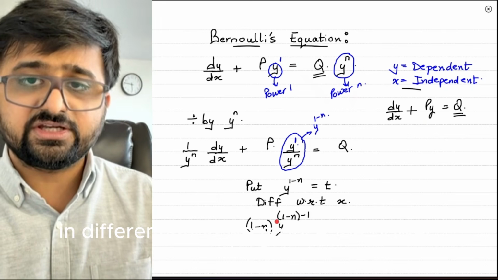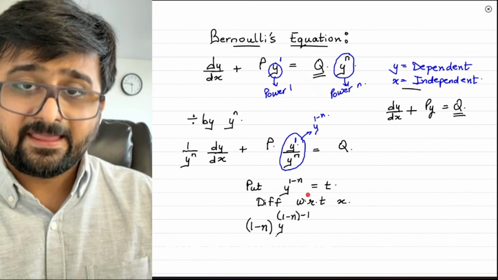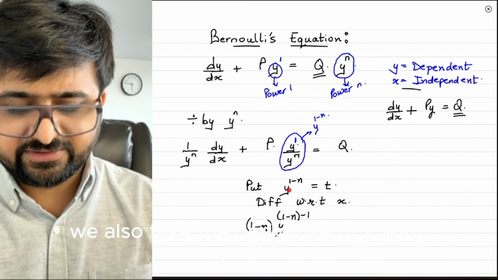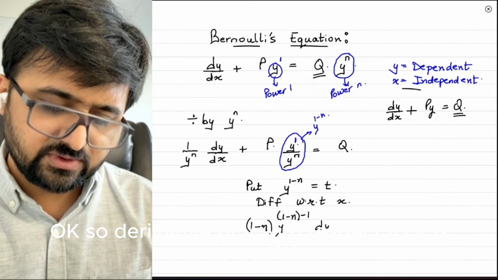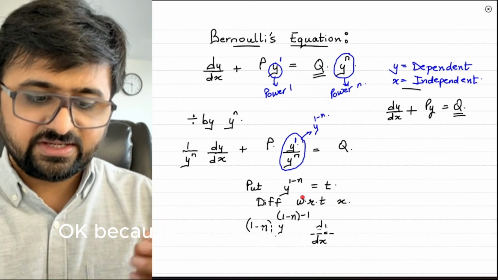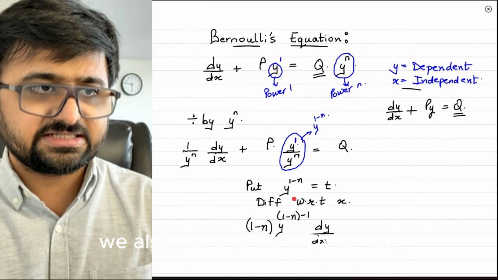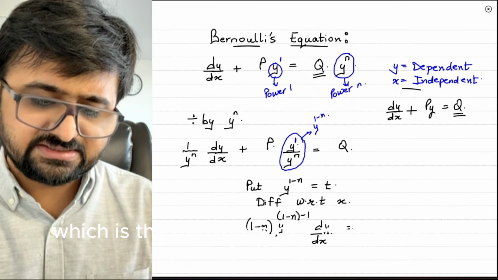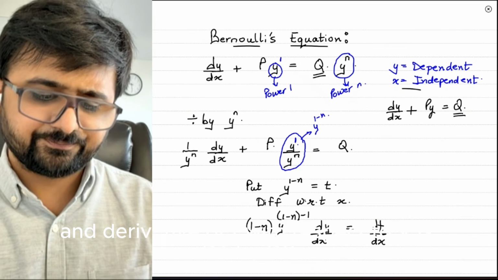In differentiation, we take the power down and reduce the power by 1. And by chain rule, we also take the derivative of y with respect to x, which is dy by dx, because we are differentiating with respect to x. And the derivative of t with respect to x is dt by dx.